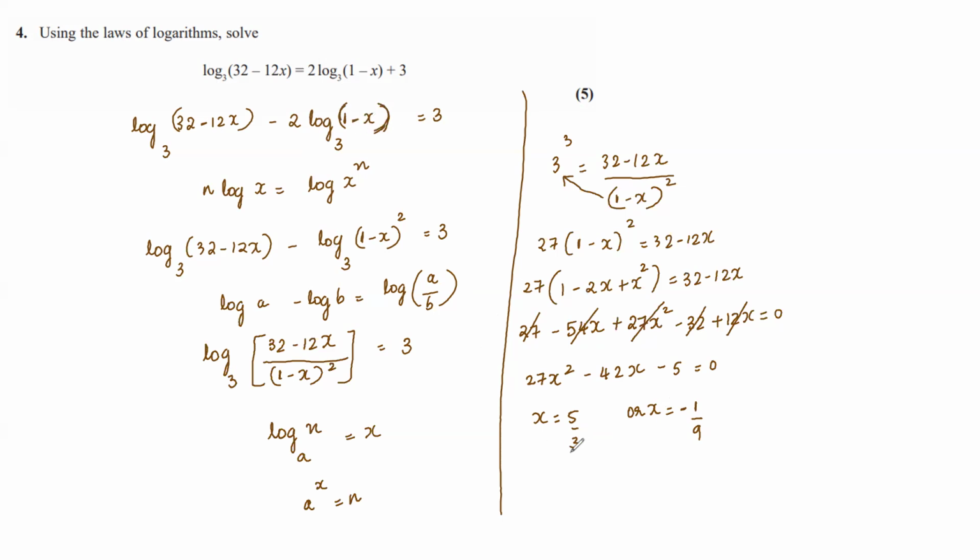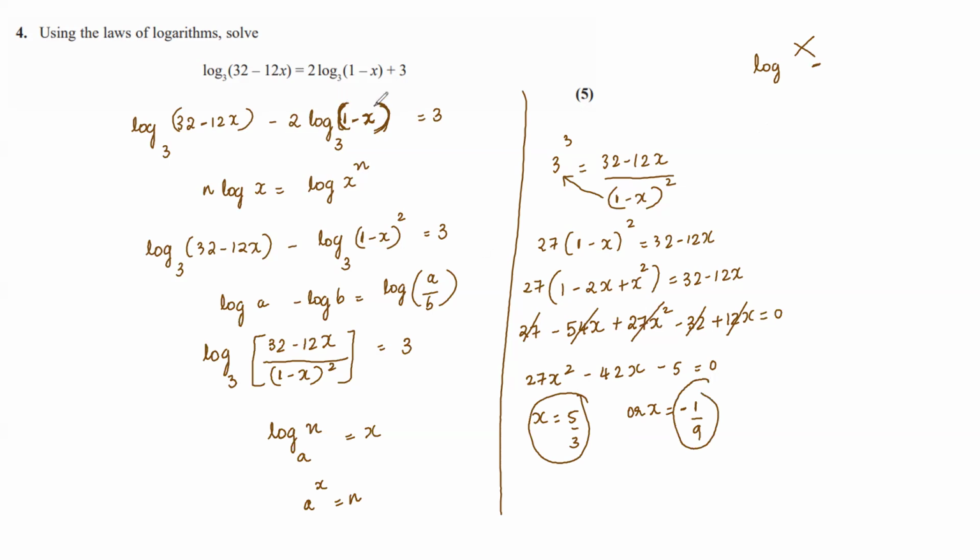So if I take x as 5 by 3 and substitute it in this bracket, this will become 1 minus 5 by 3, which is minus 2 by 3. Log cannot be negative. So what happens if we substitute x as minus 1 by 9?